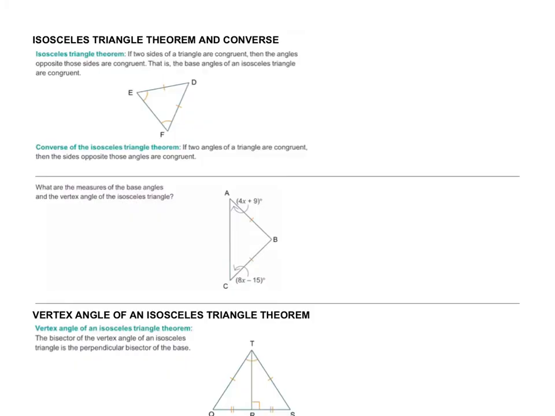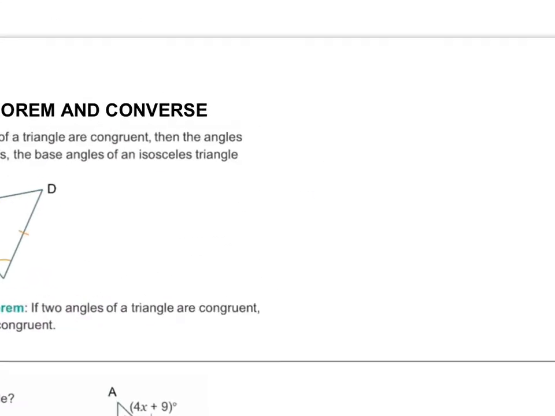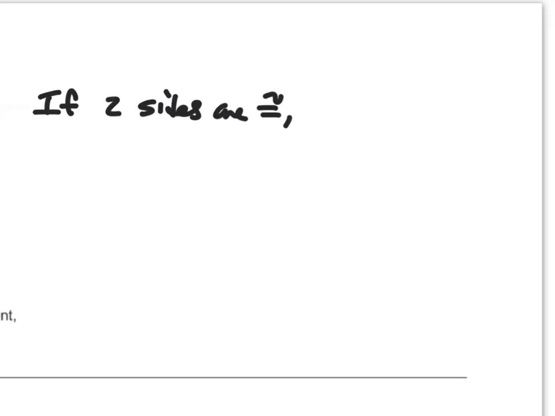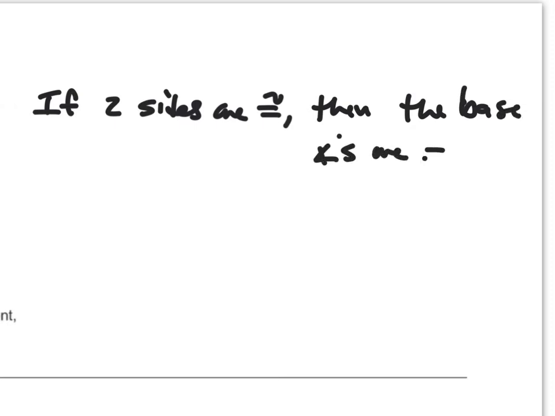If we want to talk about the properties of an isosceles triangle, we have a theorem about isosceles triangles. It says if two sides of a triangle are congruent, then the angles opposite those sides are congruent. That is, the base angles of an isosceles triangle are congruent. So if two sides are congruent, then the base angles are congruent.